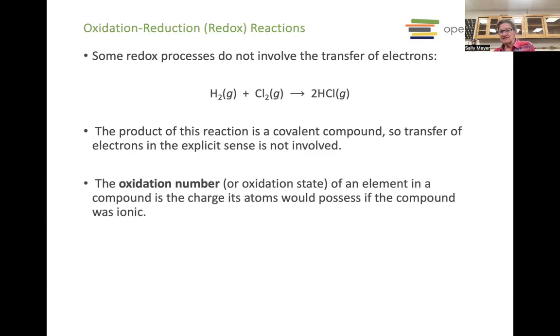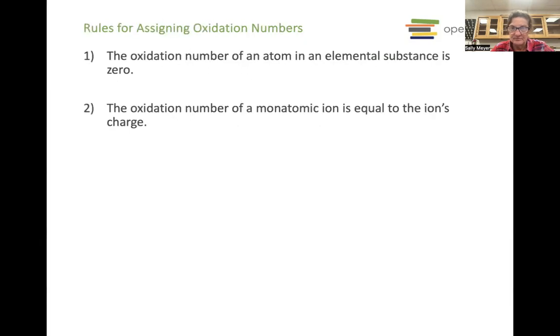On the product side, when you have H in a compound with Cl, the H is going to be +1, and that means the chlorine will be -1. So the oxidation number of an element in its elemental substance is 0. The oxidation number of a monatomic ion is equal to the ion's charge.